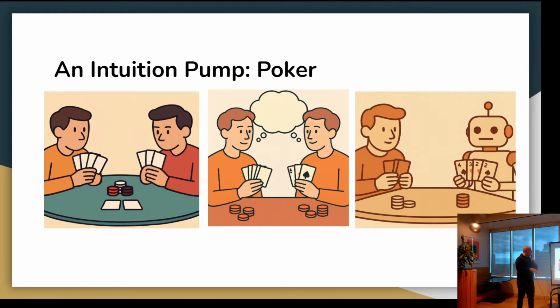So the third part of the intuition pump is, imagine playing poker against an LLM that can view the cards that you're getting, like a multimodal model that can see the images of the hand that you're feeding it. But it can't disambiguate between you and it. So it conflates the information that you have with the information that it has, and it conflates your values and motivations with its own values and motivations.